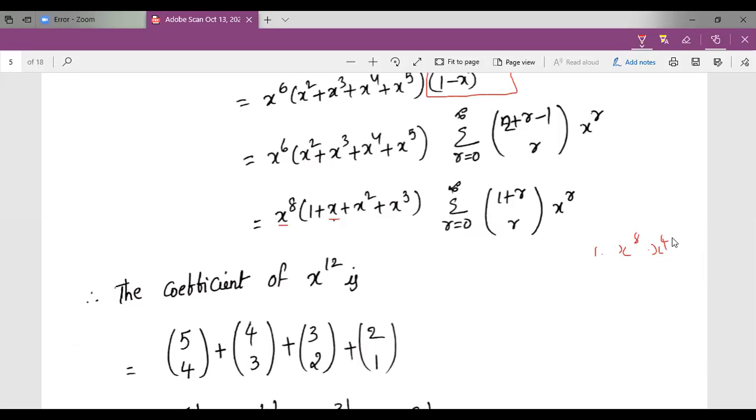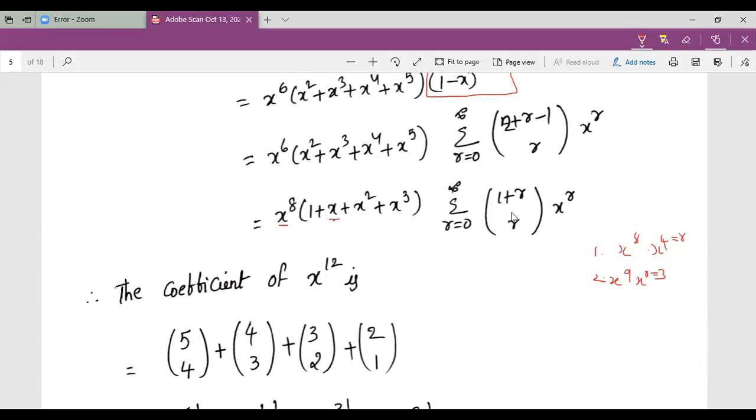So the value is (1 plus 4) C 4, that is 5C4. Plus, in the second case we have x power 9, so we need to take r equal to 3. This gives total x power 12.